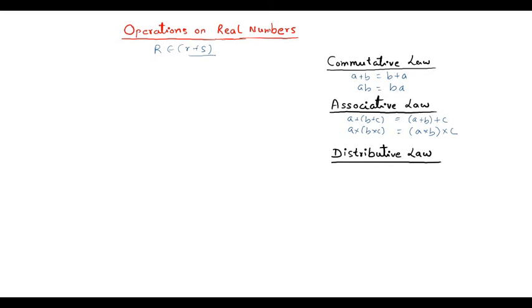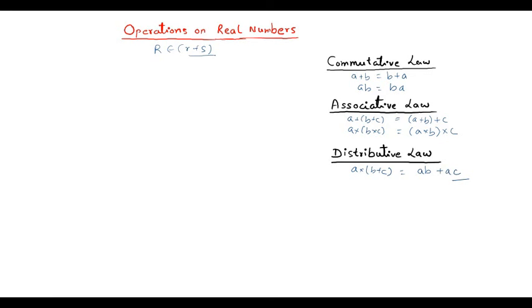The distributive law is the combination of multiplication and addition: a times b plus c equals a times b plus a times c. These are the laws, and both rational and irrational numbers satisfy them.